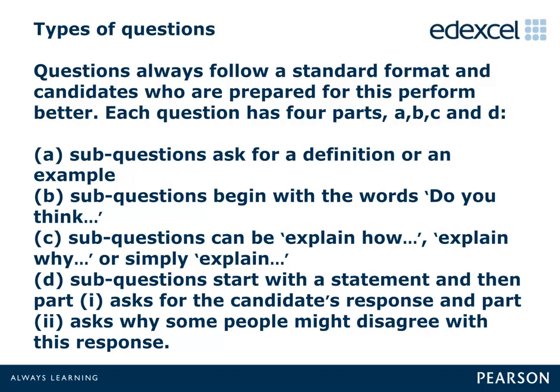Part D of each question has 2 parts, 1 and 2. In 1, they should start with either "I agree" or "I disagree," and then give the reasons for their opinion. And in 2, they should give the opposite point of view supported by reasons.